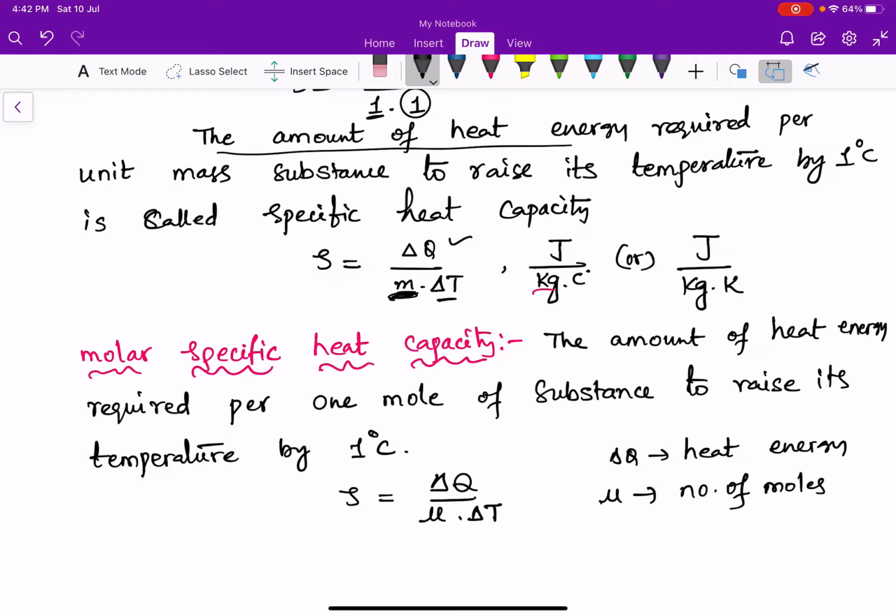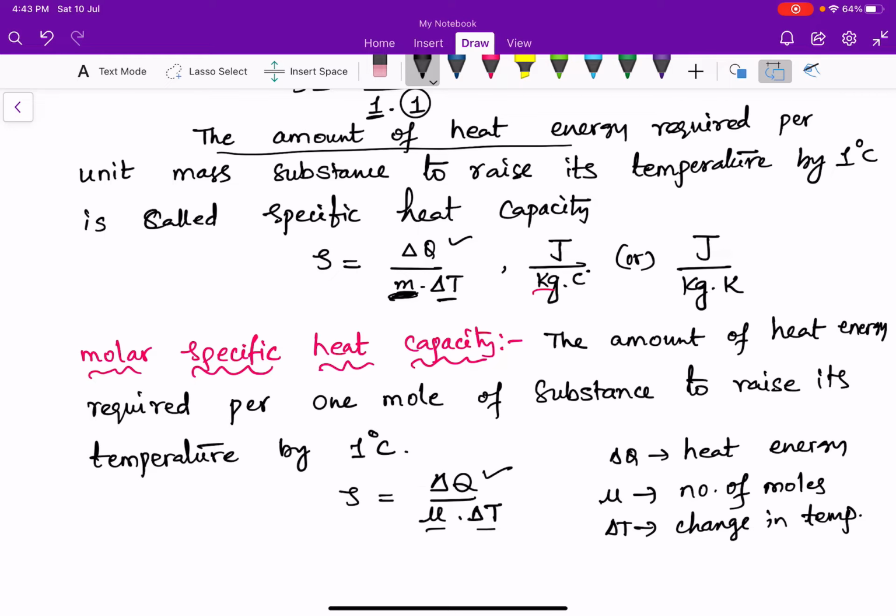If the number of moles is equal to 1 and the change in temperature is equal to 1, the molar specific heat capacity can be defined as the amount of heat energy required for 1 mole of substance to raise its temperature by 1 degree Celsius. So delta T is nothing but change in temperature.